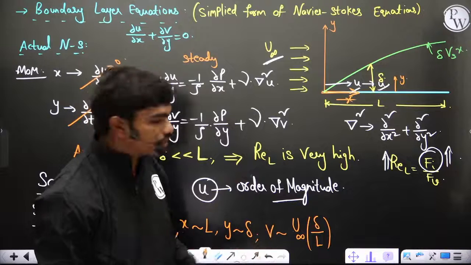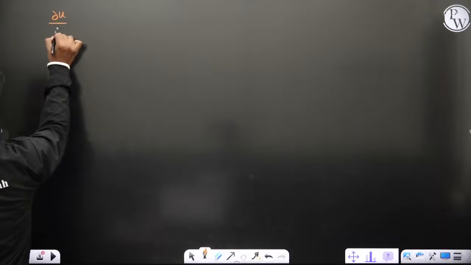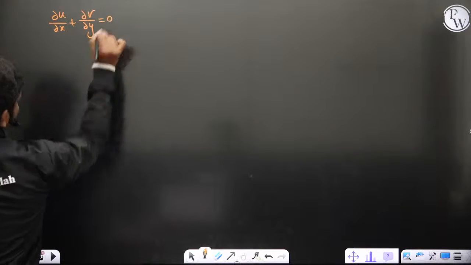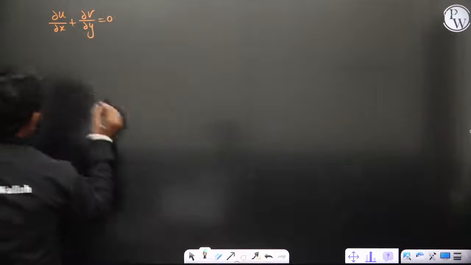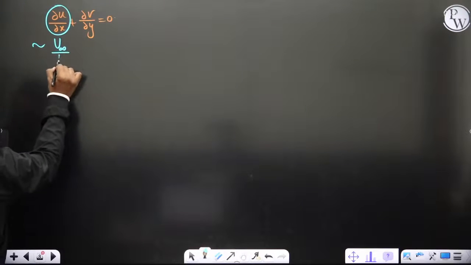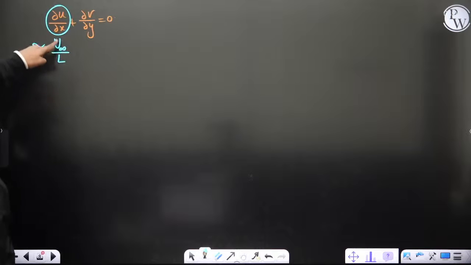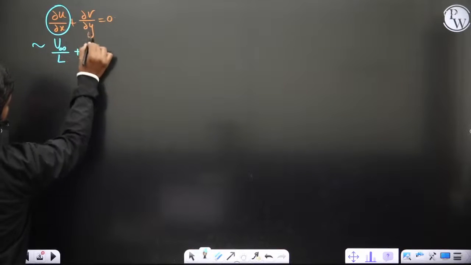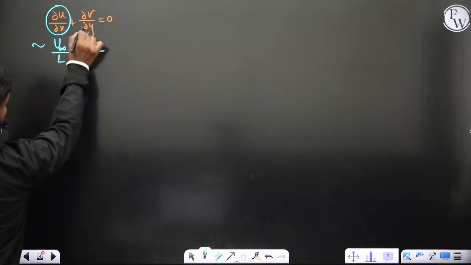I'll also show you mathematically. When you have the continuity equation, dou u by dou x plus dou v by dou y is equal to 0, and you do the scaling analysis, the first term will scale as u infinity by L, because change in u is like u infinity and change in x is like L, and the second term scales as v by delta, since y is scaled to delta.